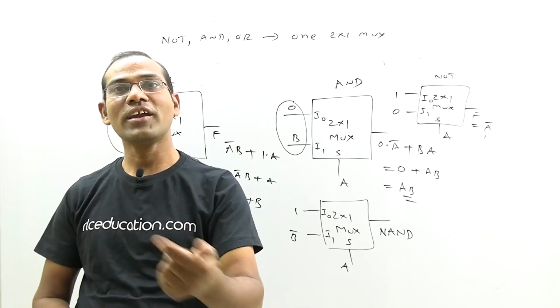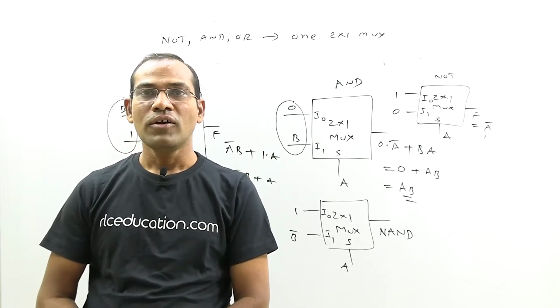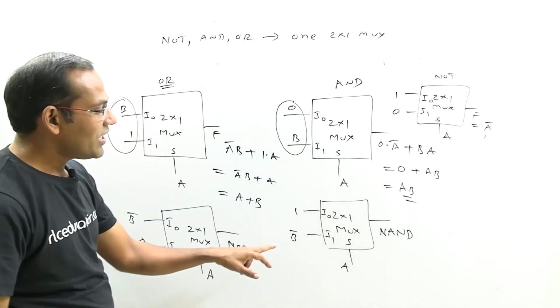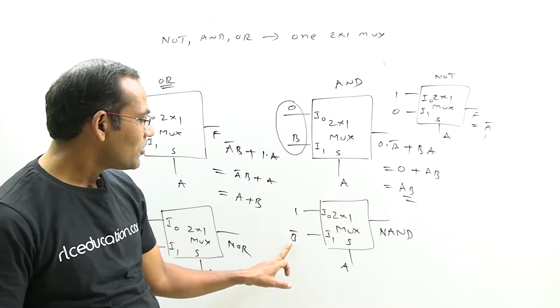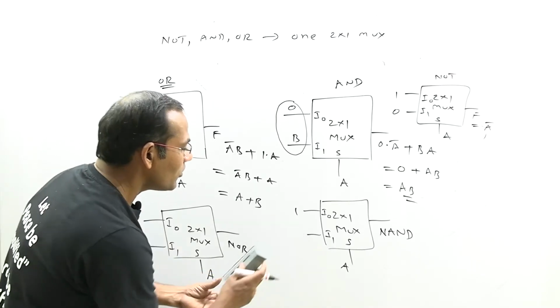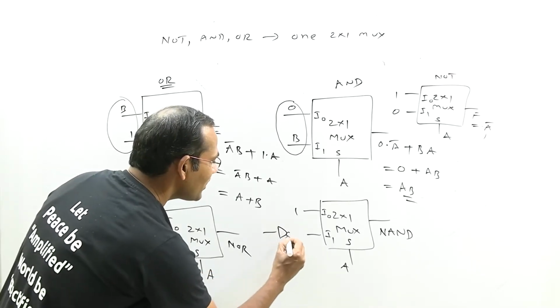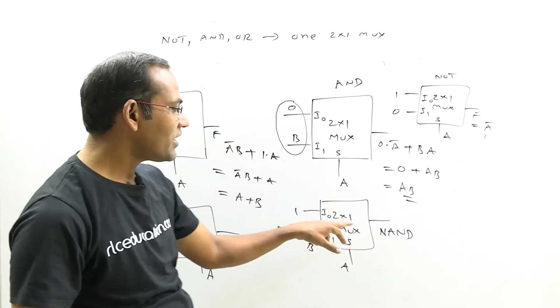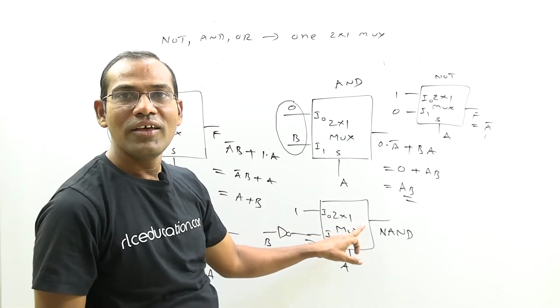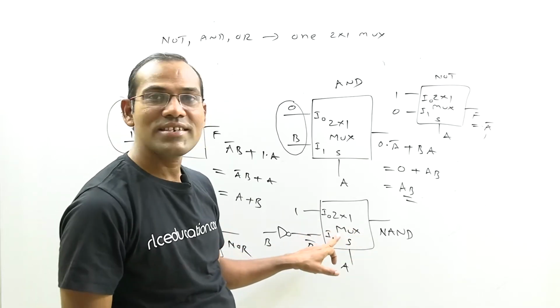So you have to mention that NOT gate also. If you observe carefully here, B bar is there. So first use a NOT gate to get B bar, then apply that one here. So one NOT gate and one mux is needed.